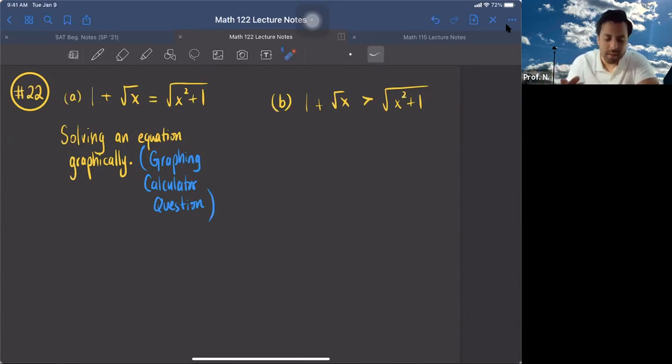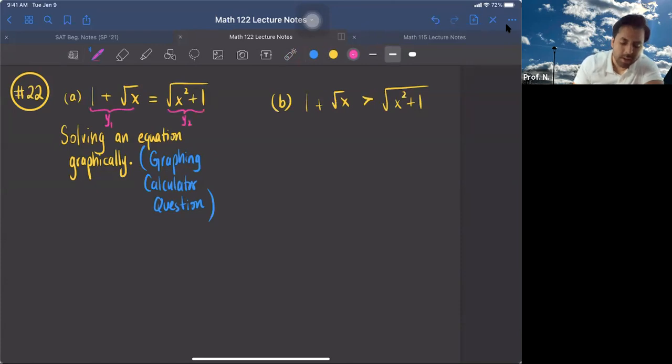Because of that, we have to use numerical methods, and for now we're using our graphing calculator because it is designed to do problems like these. So how do we approach this? We're going to set one side of the equation as y1 and the other side as y2. This here I can call y1, and this here I can call y2.